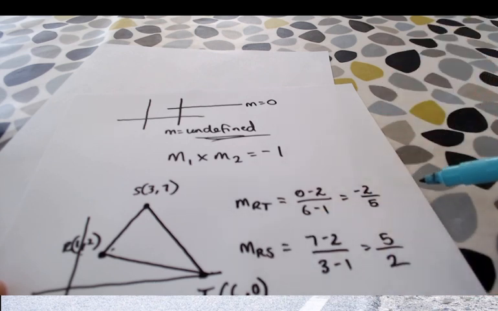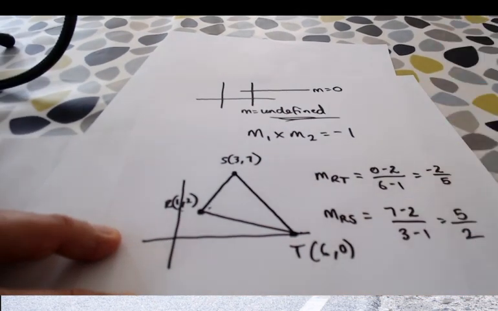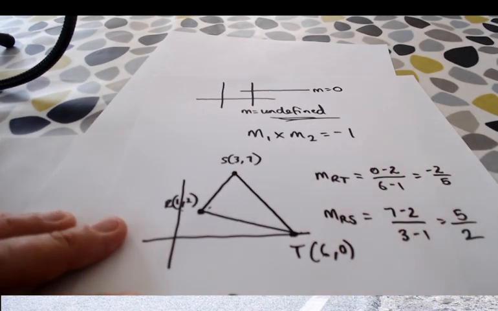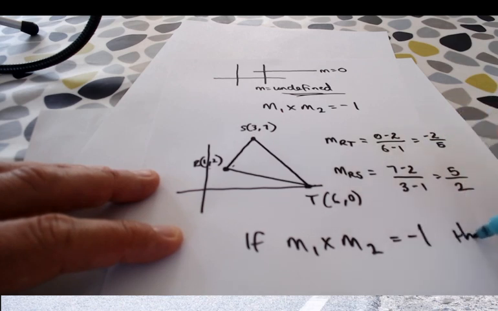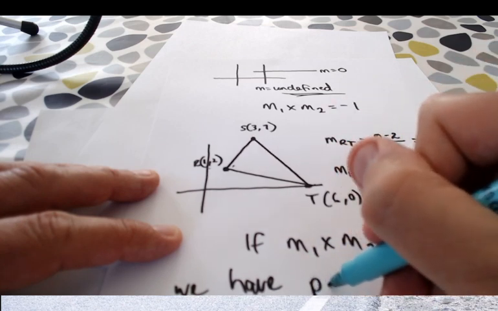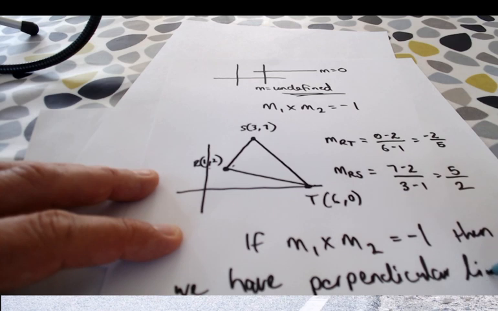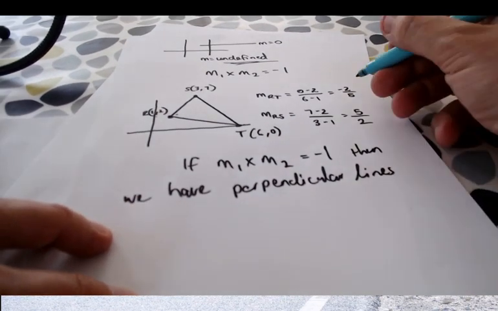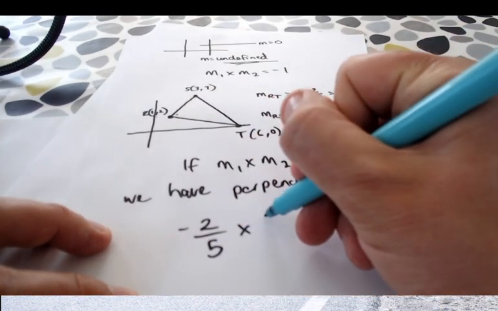Does that mean we have a right angled triangle? Well, let's check. If we multiply the two gradients together and get minus 1, then we have perpendicular lines. And if we have perpendicular lines, then the triangle is going to be right angled. Let's try that with the two gradients. Minus 2/5 times 5 over 2.